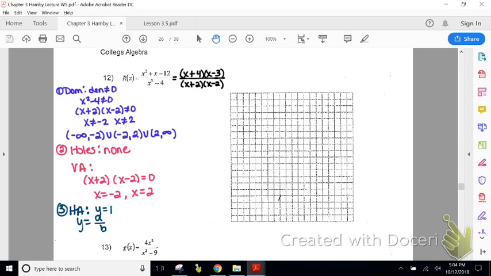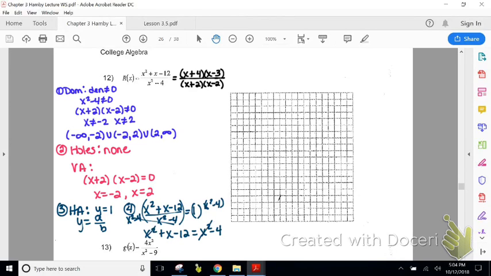And then we need to check. Step 4 says to check and see if it crosses it. So you set your function, and I'm going to use the original one since nothing canceled: x squared plus x minus 12 over x squared minus 4, and set that equal to 1. I'm going to multiply by the x squared minus 4 to get rid of it. And so I get x squared plus x minus 12 equals x squared minus 4.